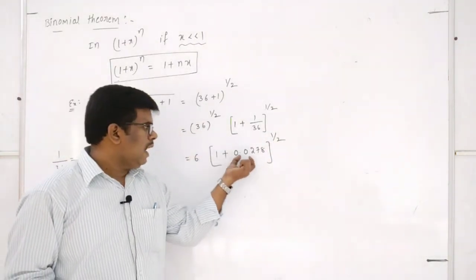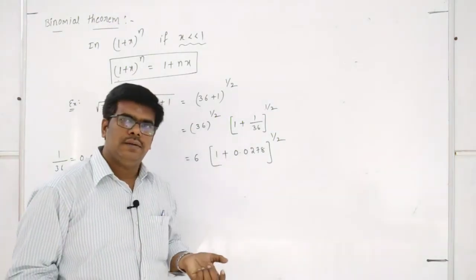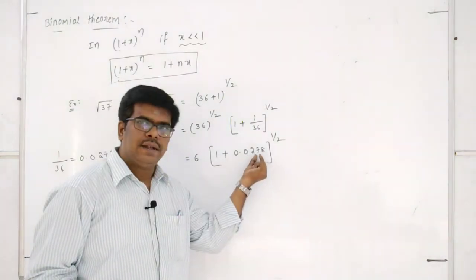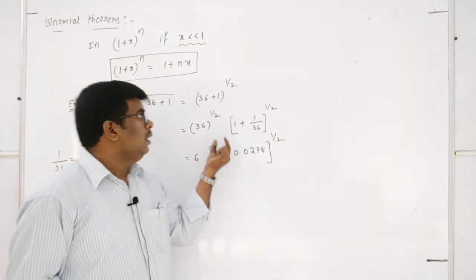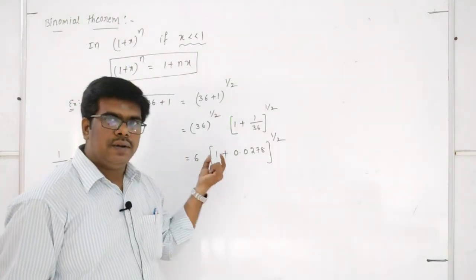Is this value small compared to 1? Compared to 1, 0.0278 is very small. So you have to check whether our condition is satisfied.